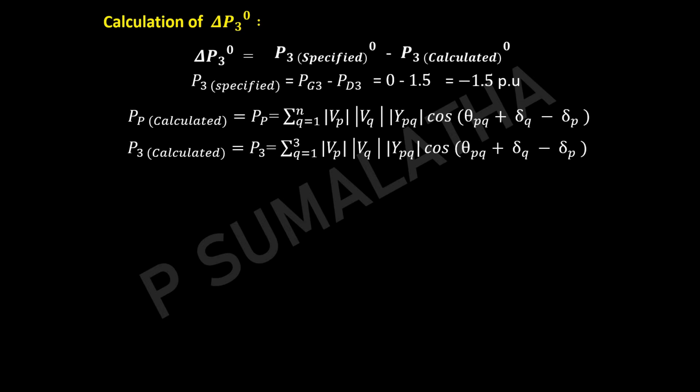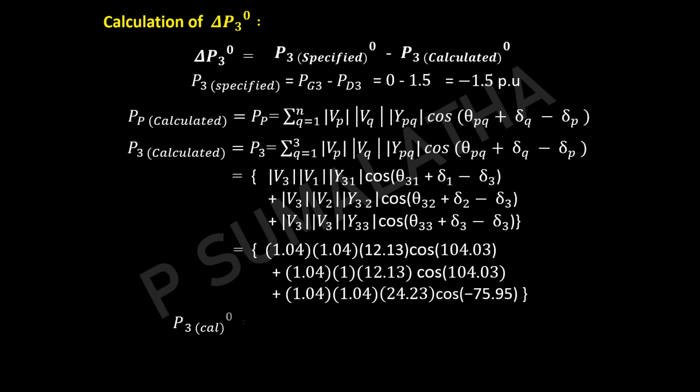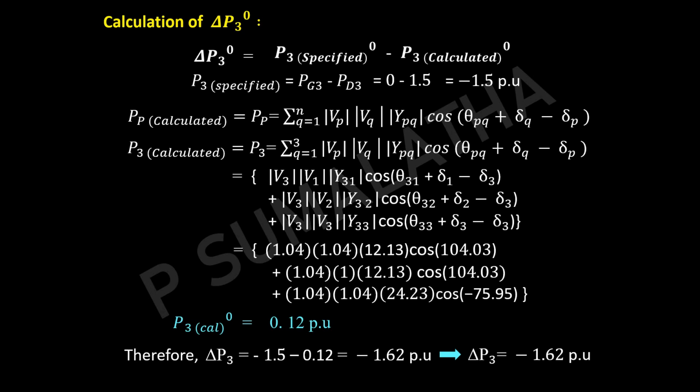If you expand this equation, these are the set of equations we will get. Okay, we know all the values. By substituting and simplifying, we will get the P3 calculated value as 0.12 per unit. Therefore, the delta P3 value will be equal to minus 1.62 per unit. So with this, we have finished the calculation of delta P2 and delta P3.